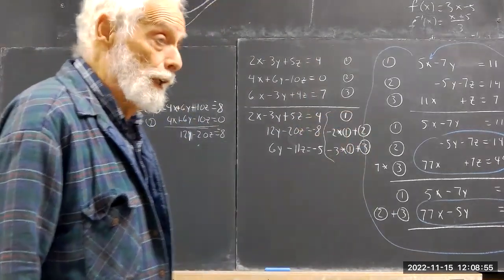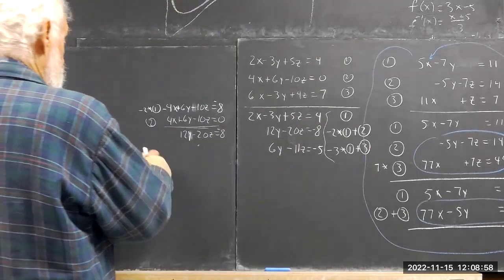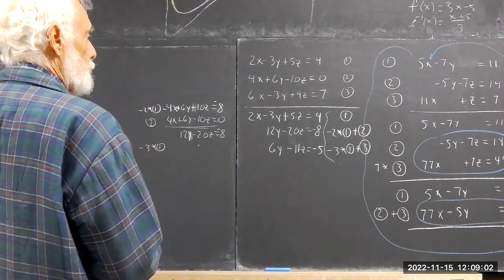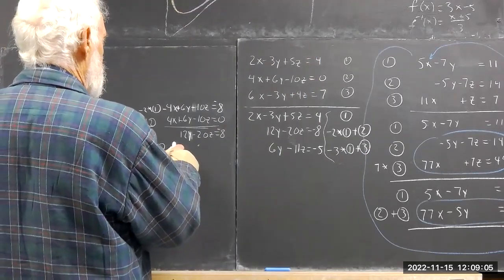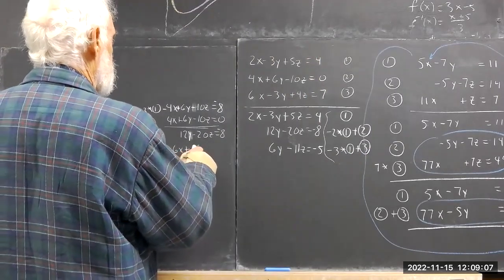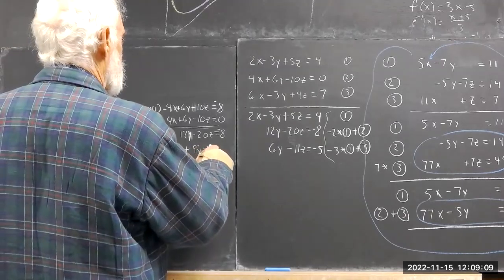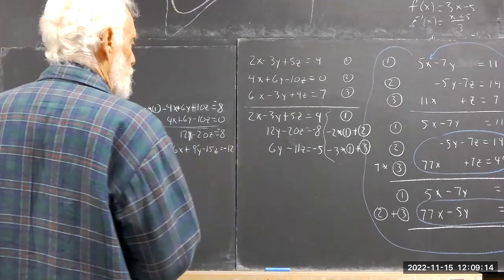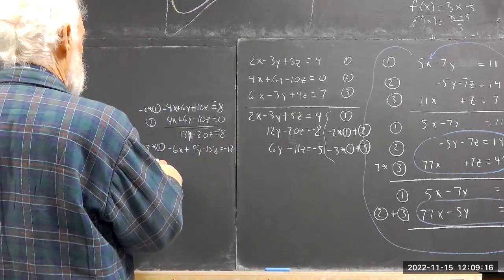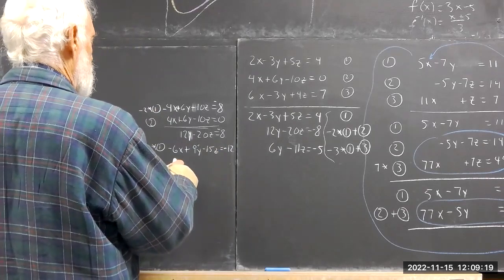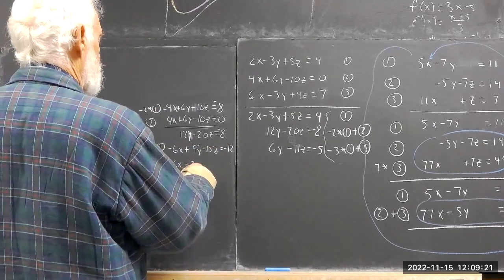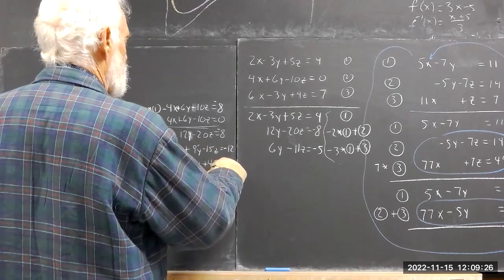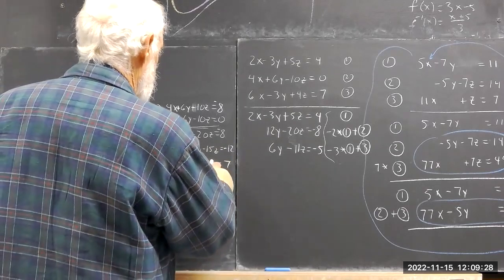Now, just to check it out and make sure I did it right, I do it over here. -3 times the first equation is -6x plus 9y minus 15z. That equals -12. The third equation is 6x minus 3y plus 4z equals 7.